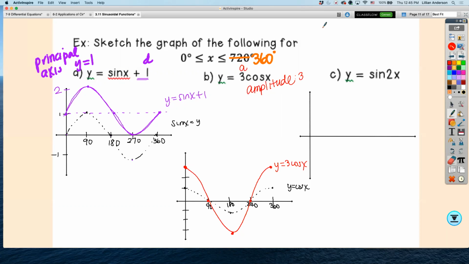Now C, y equals sine 2x. That 2 is which variable, A, B, or D? It's B. B is actually going to affect your x coordinates. How so? Well, let me get the graph of sine on here first.